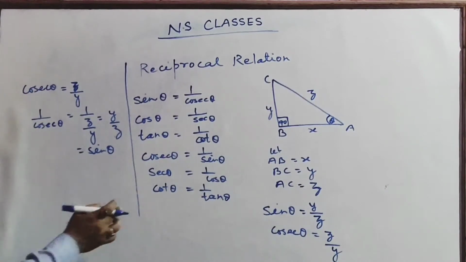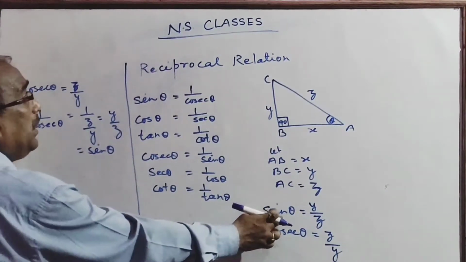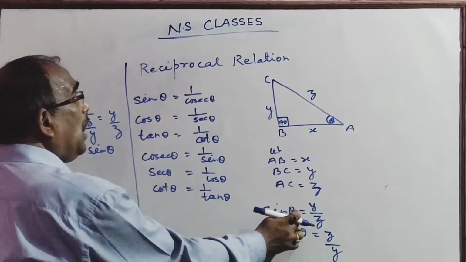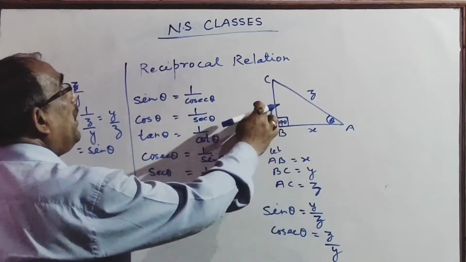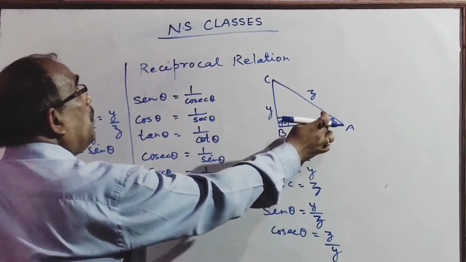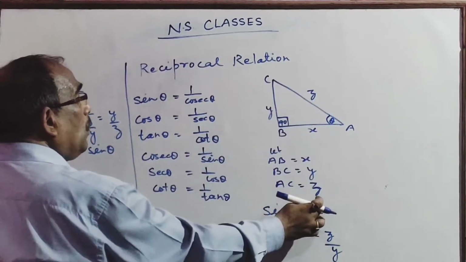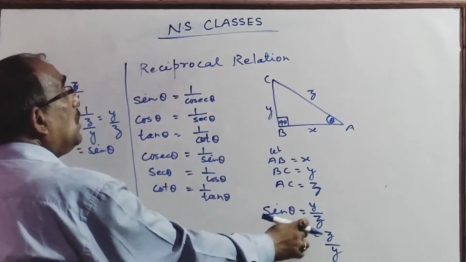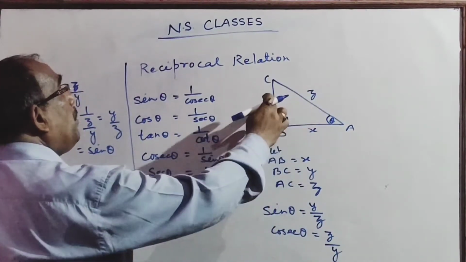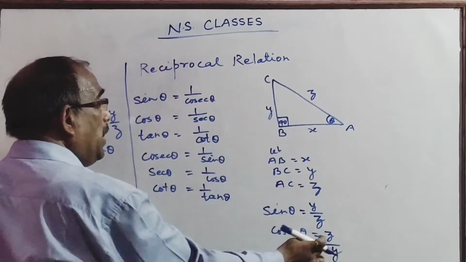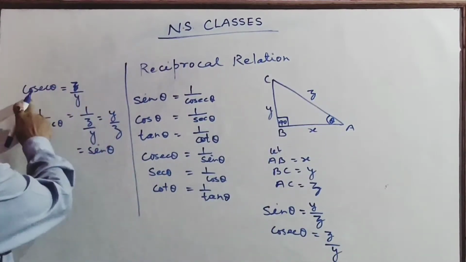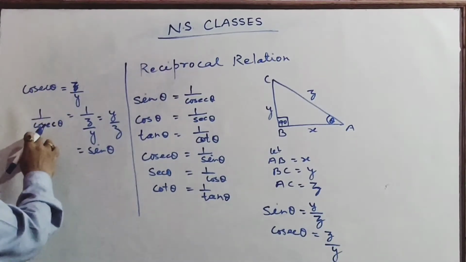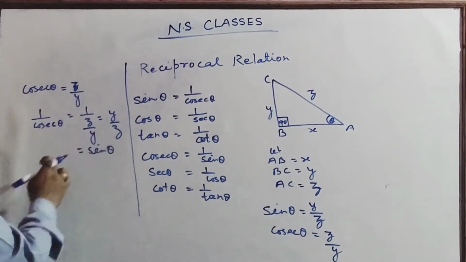Once again, for your better understanding, sine theta in this triangle, the value comes perpendicular by hypotenuse. For theta, y is the perpendicular, y by z. Cosec theta will be hypotenuse by perpendicular, so z by y. Then 1 by cosec theta we can write 1 by z by y.